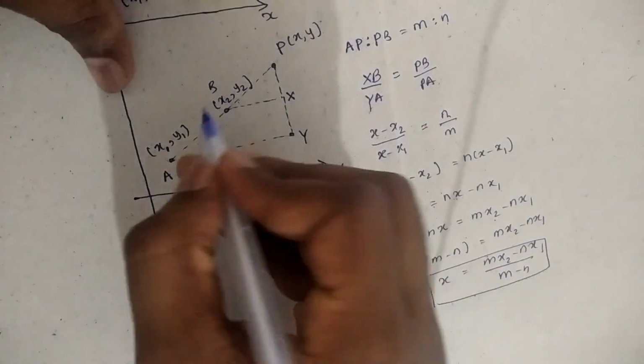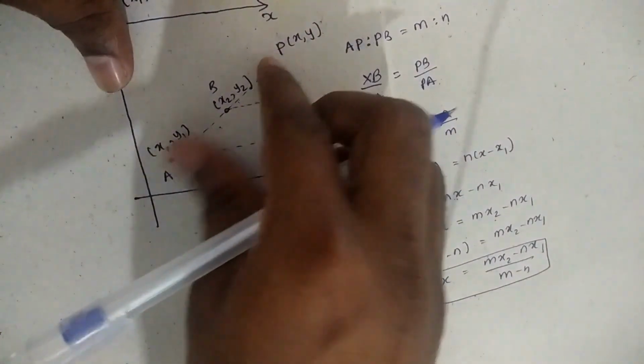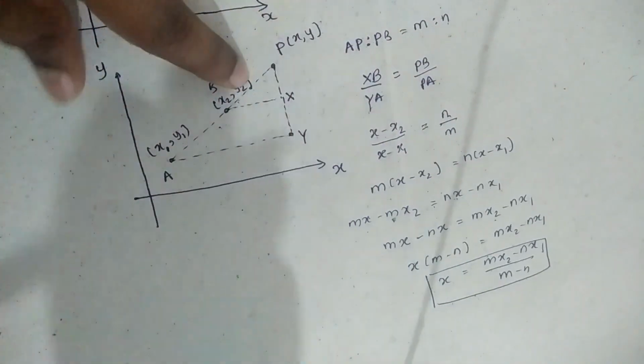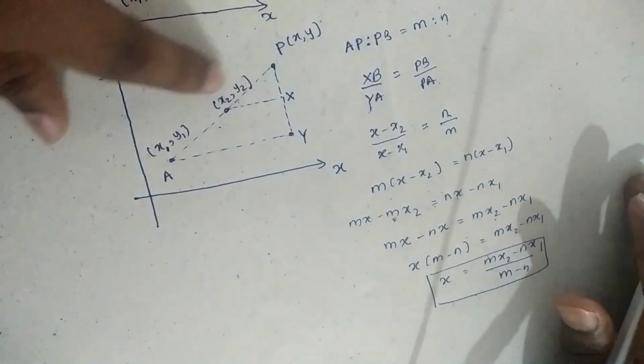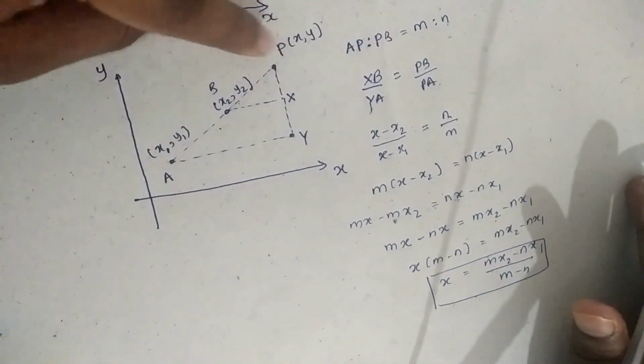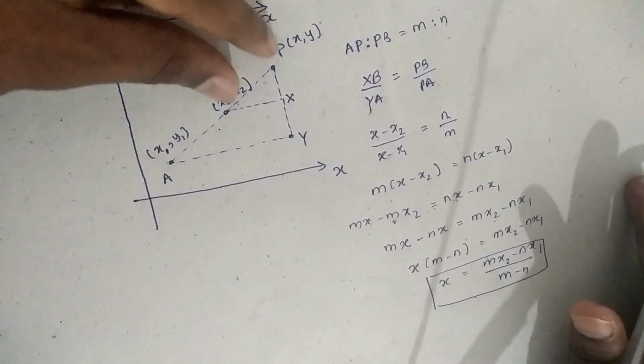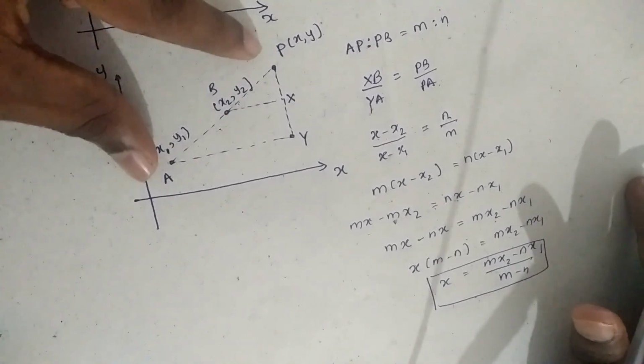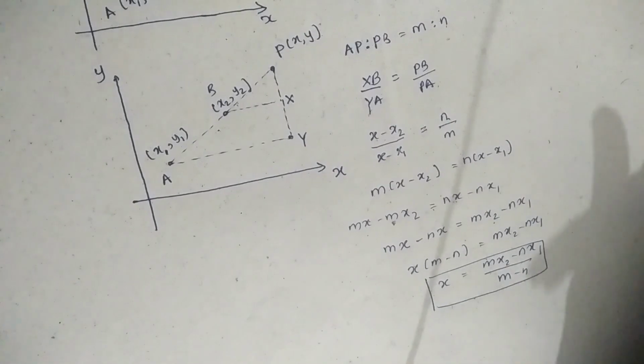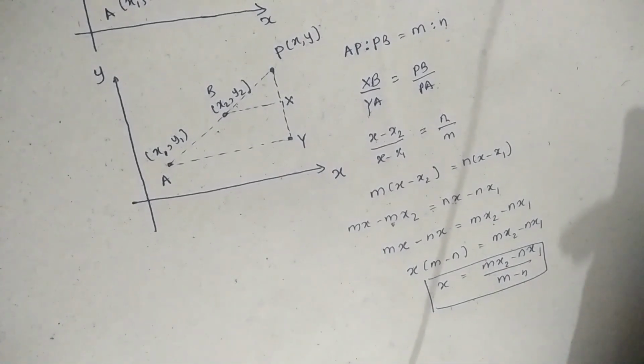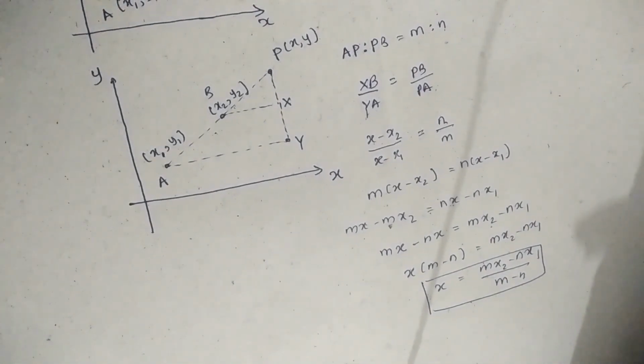Now if you look at the pattern, this entire large line is m and the small one is n. From the smaller one, n, you come all the way to the opposite point, x1. From the larger one you go directly to x2. Makes sense? This is the formula for the point that cuts a line externally.